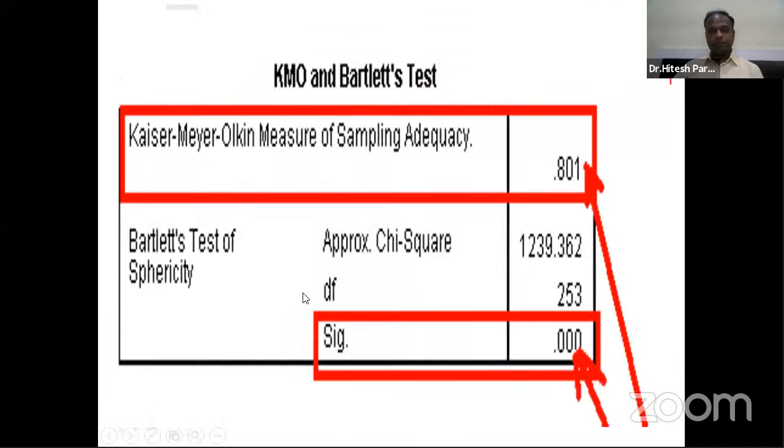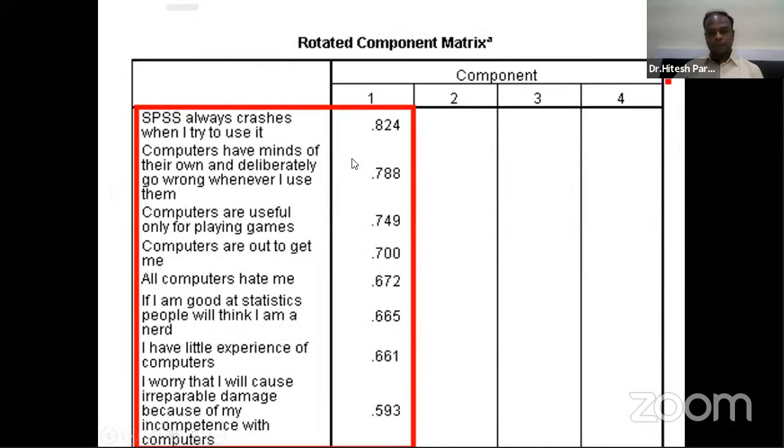For example, if we see the first factor, the most important variable, which is contributing highest, is "SPSS always crashes when I try to use it" in factor number 1. In this way, your decision making becomes simple. You need not deal with 23 separate variables; whatever analysis you want to perform, you can perform with only 4 factors.